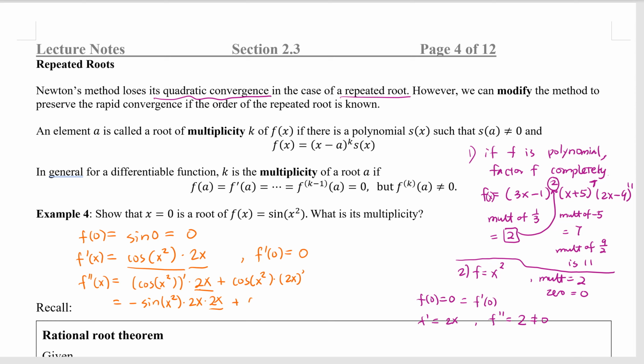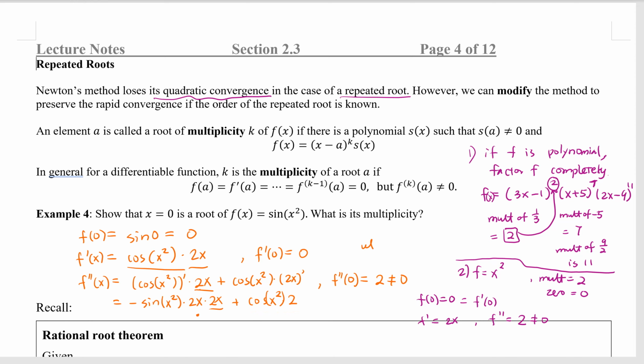And here we have cosine x squared, derivative of 2x is 2. Now we plug in 0. What happened? This guy has the x, so it's gone. But this guy, cosine 0 is 1. Oh, see? We get 2, so it's not 0. The second derivative is the first derivative we see that is non-zero. Okay, so the multiplicity is 2.